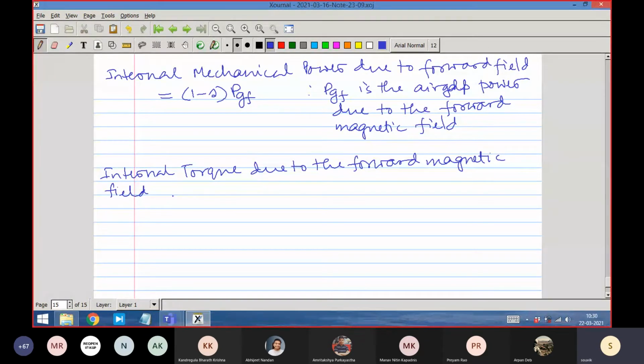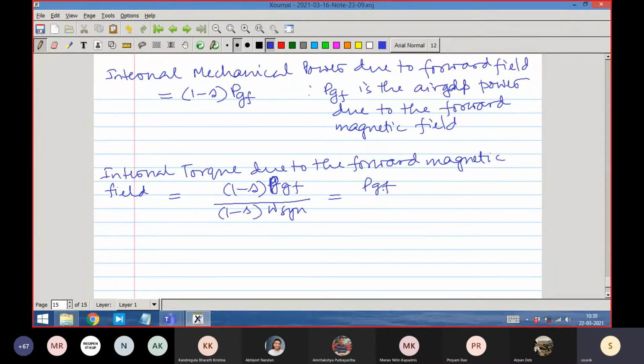That will be how much? Power is (1 minus s) PGF, divided by (1 minus s) omega s. So it is like our earlier expression.